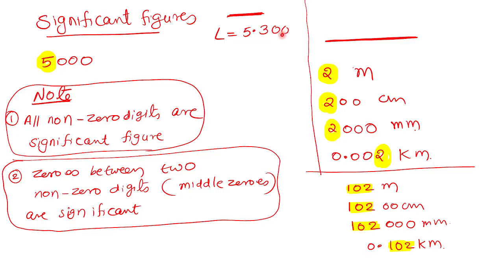So 5.300 is actually the same as 5.3, but the 00 indicates that we have found the accurate value, we have tried for that. Understood? We have tried for the digits beyond 3 using the measuring instrument, but unfortunately the digit I got is 0.